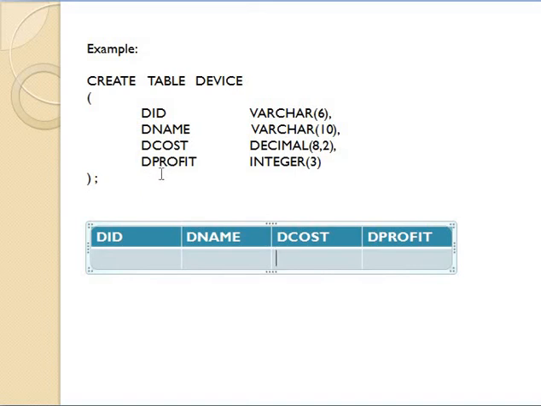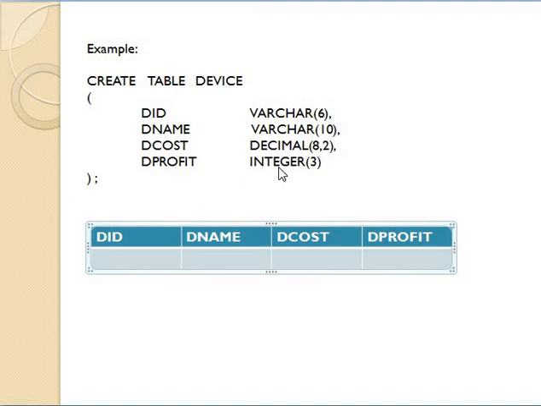Now let's come to the fourth column for this table device, which is dprofit, and its data type is integer having the size as 3. Now columns having the integer data type shall accept only integer values, that is, the values which are defined as integers shall not contain any decimals.